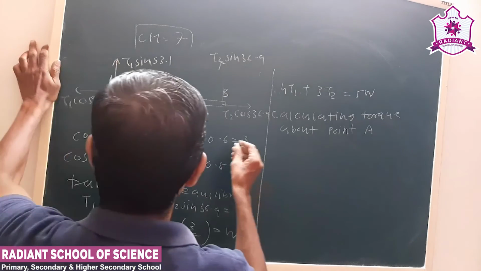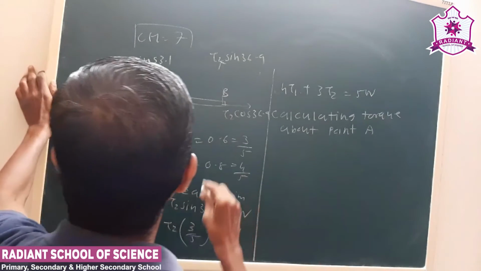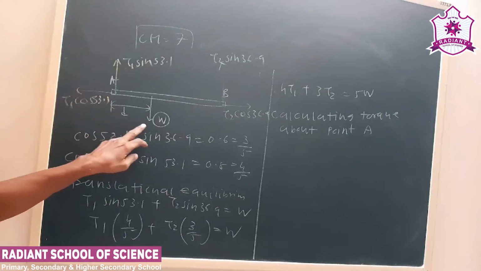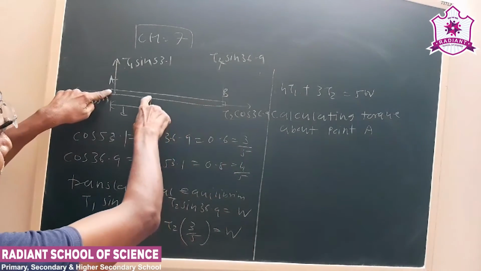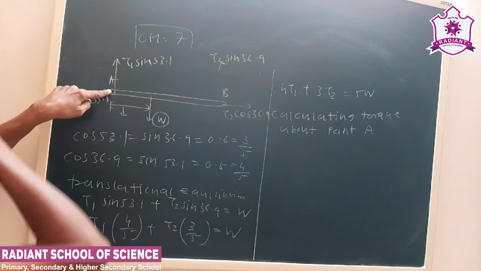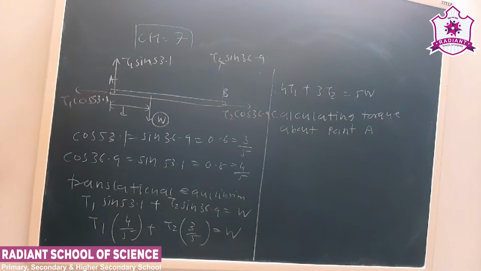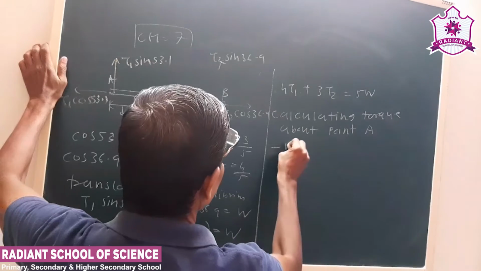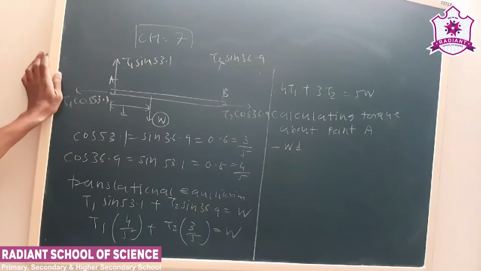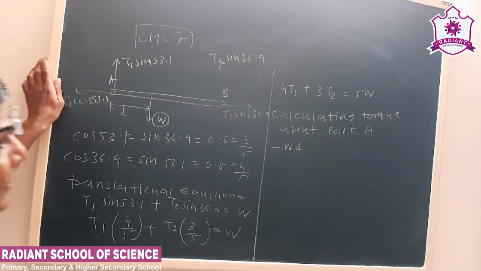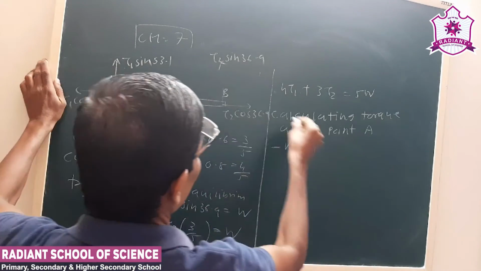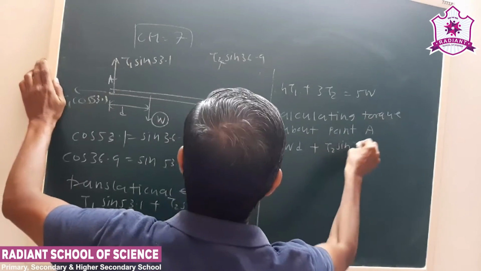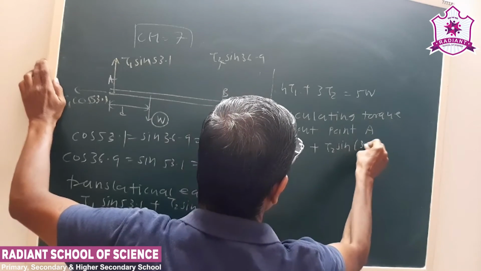Okay, now see the weight is located at a distance of D, so it will be W into D. Now this A is a fulcrum, this will try to move in the anti-clockwise direction, that we consider as negative, that is minus W into D. Okay. Now plus T2 sin 36.9.